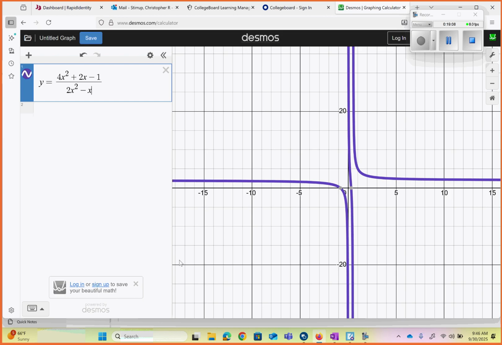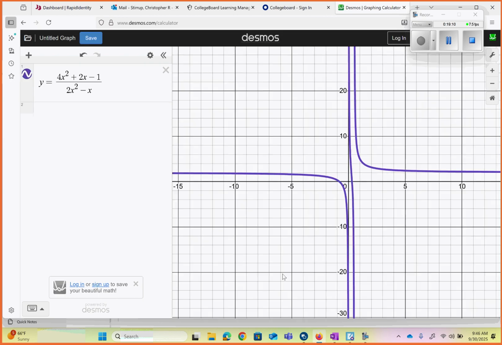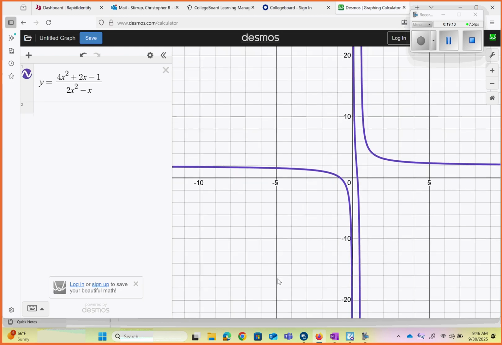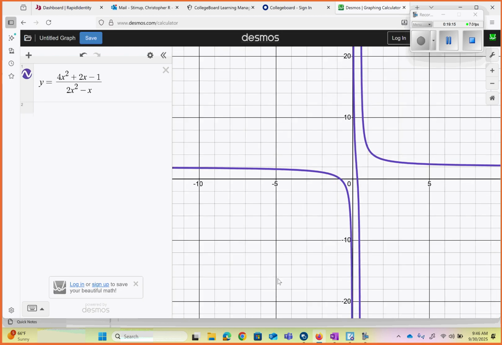Oh my goodness. That is one goofy looking graph.